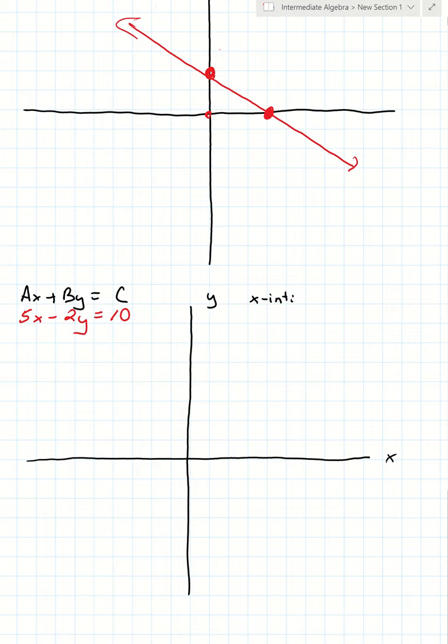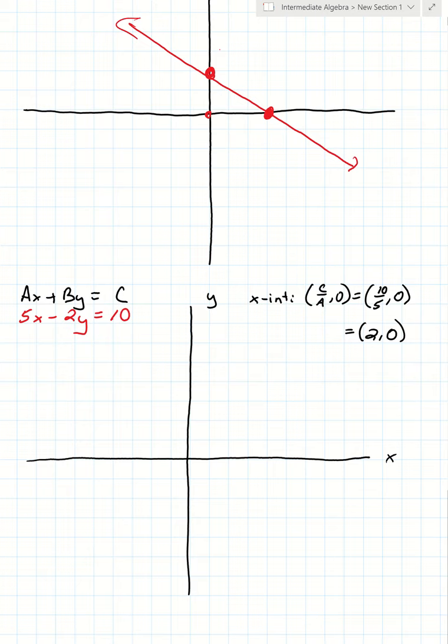Remember, the x-intercept has the formula of c divided by a, comma 0. What is the value of c but the number 10, divided by a, which has the numerical value of 5, comma 0. So we would have an x-intercept at (2, 0).